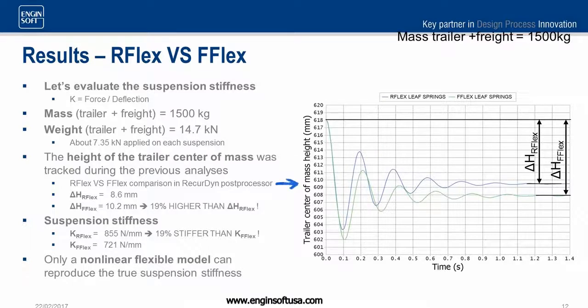The full flex final deflection is sensibly greater than the RFlex one, and this means that the RFlex lift springs are sensibly stiffer than the full flex ones, just about 19% stiffer than the full flex suspensions. And this, of course, is because the RFlex technology can only approximate the behavior of a nonlinear system, and this could lead to, for example, an underestimation of the system flexibility.